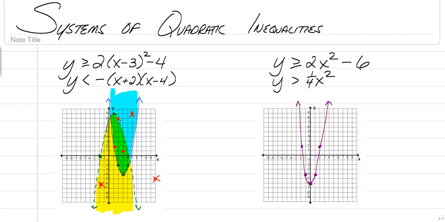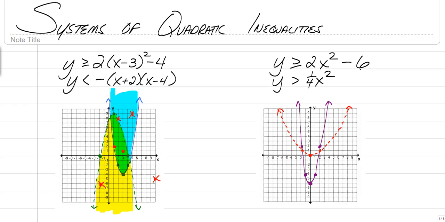Your second line would be a dashed parabola, and it would be a lot wider. And we're also going to shade above that.